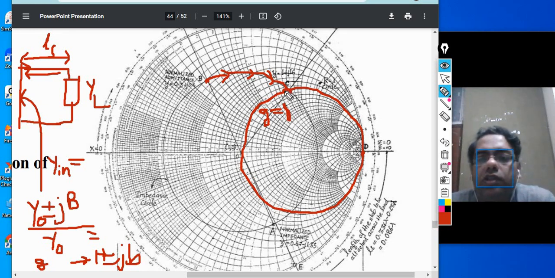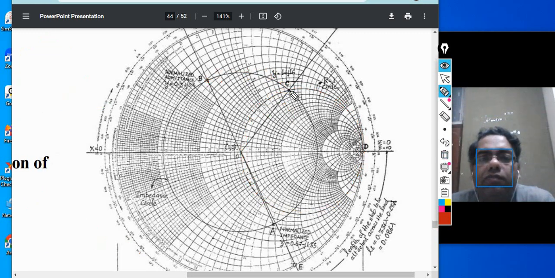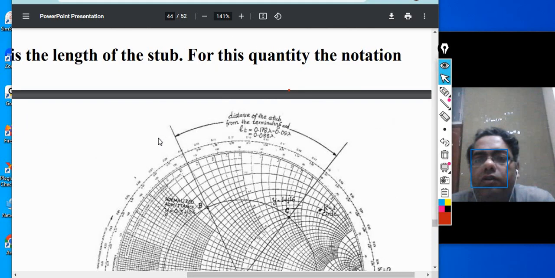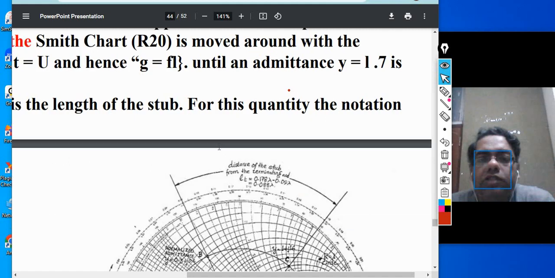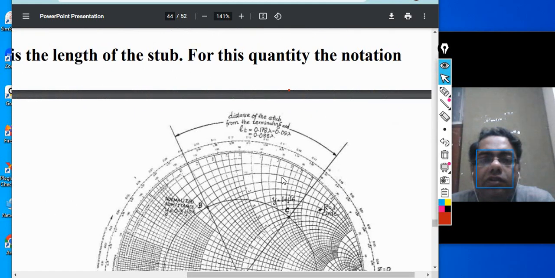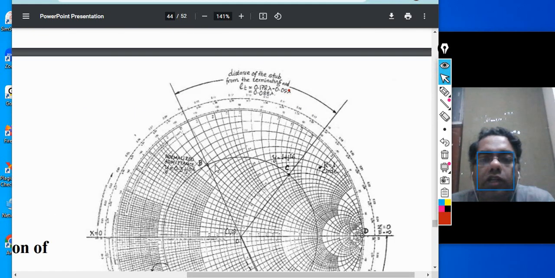Now this point we have to find out as point C. So this is my point C, and this point C, how much we have traveled to come to this point B to C, this we can get from the outer scale, which is calibrated in wavelength.